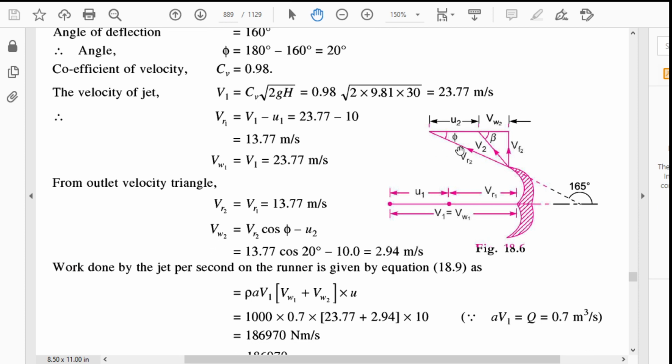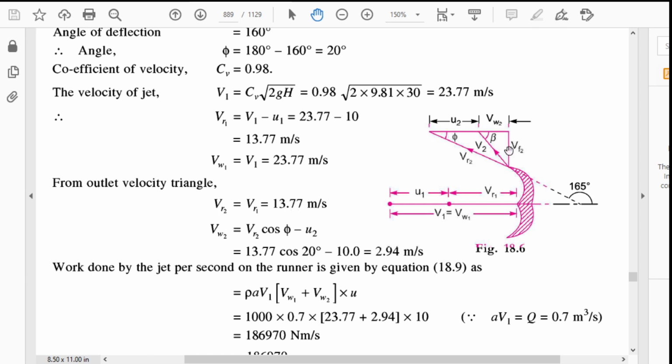From the outlet velocity triangle, and this is the general statement for velocity triangles that we have studied in impact of jet, that VR1 equals VR2. So VR2 will be the same as that of VR1, that is 13.77.